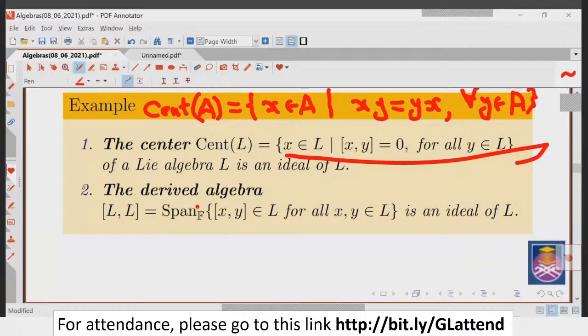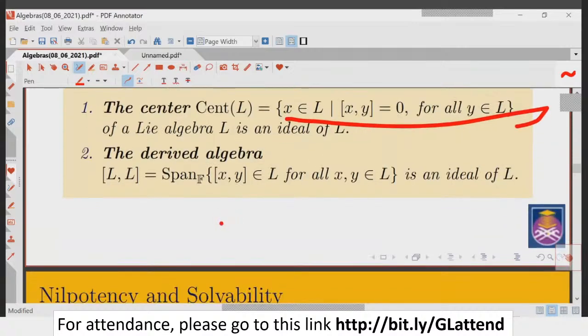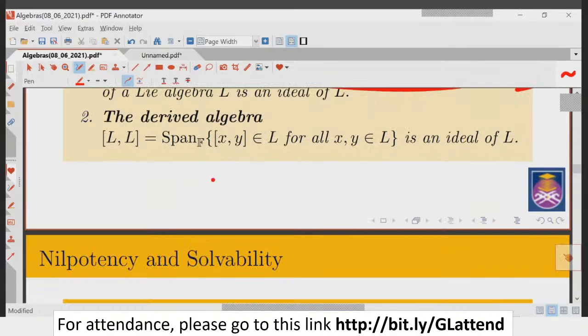By the way, it's given as a span. Span means a finite linear combination of elements of this form. Just multiply from the left side and right side, you will get an element of this form again. So you can check it easily.